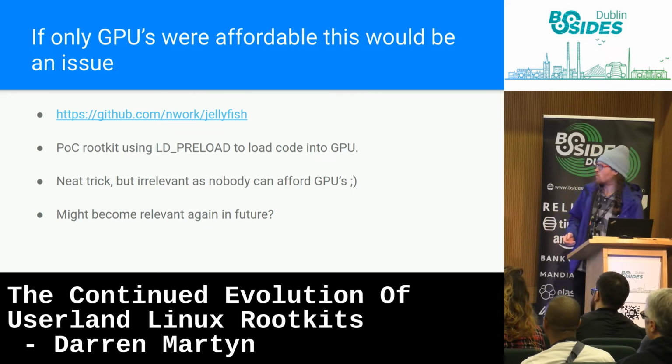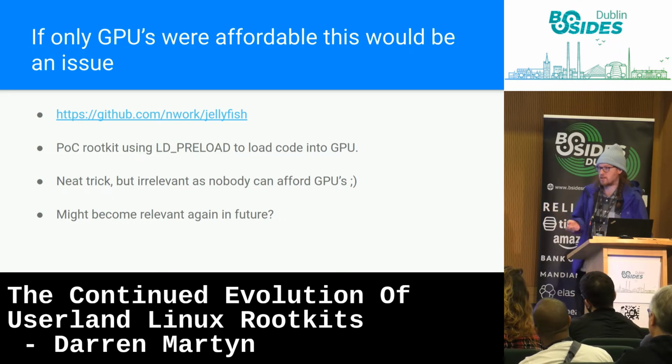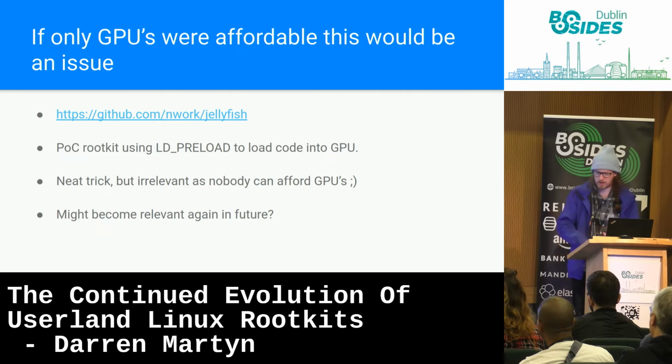It's really, really neat, and malware hiding in your graphics card is kind of neat because nobody writes antivirus for graphics cards. But also, nobody can afford graphics cards because you have to remortgage your house for them. That might become relevant in the future if we find a way to get graphics cards cheaper again, but no point.